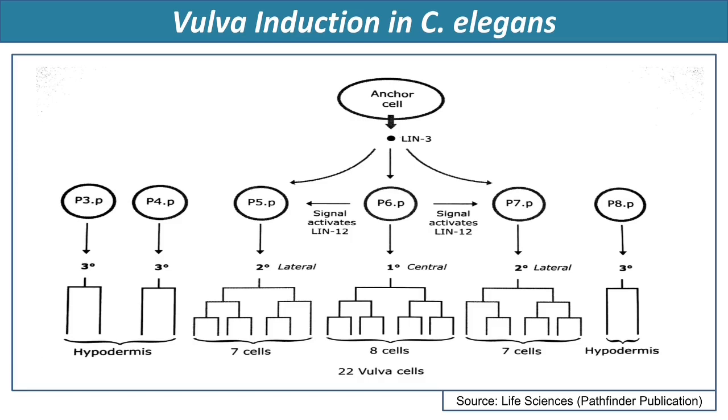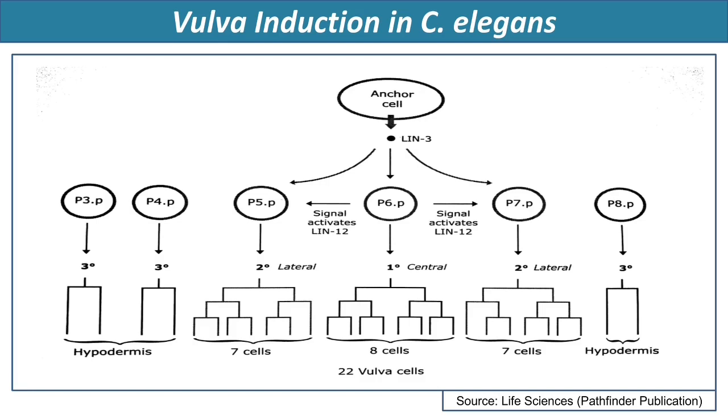The other remaining 3 VPCs, that is P3.p, P4.p and P8.p, will form hypodermis because they are not getting lin-3 protein from the anchor cell, and we know that lin-3 is required for vulva formation.